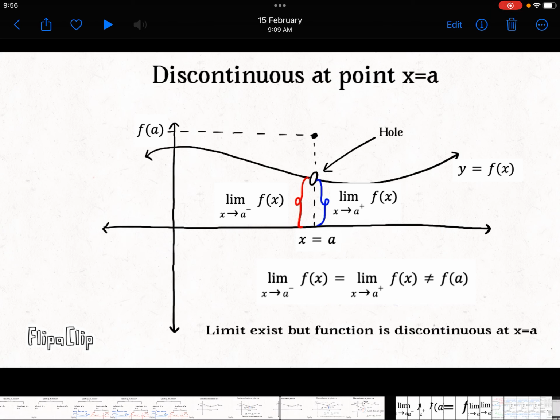So here we can say that the limit exists because approaching from the left is equal to approaching from the right, but the function is discontinuous at x equals a.